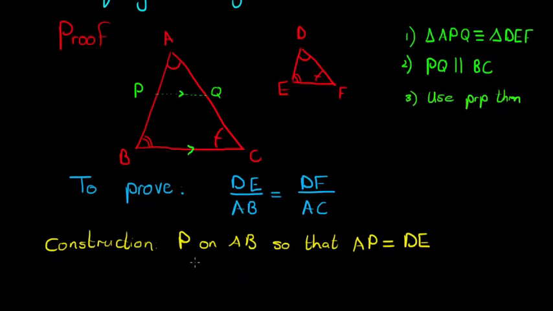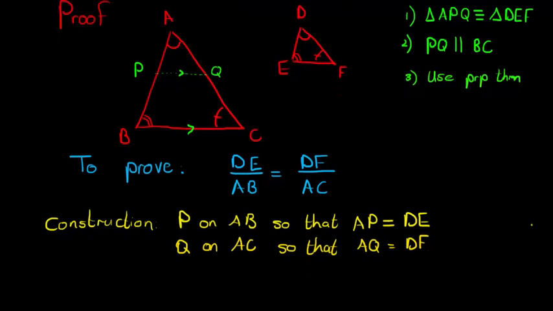Okay, so the next construction is that we are drawing Q on AC so that AQ is equal to DF. Okay, let's pause here and make sure that you understand exactly what I've done so far.